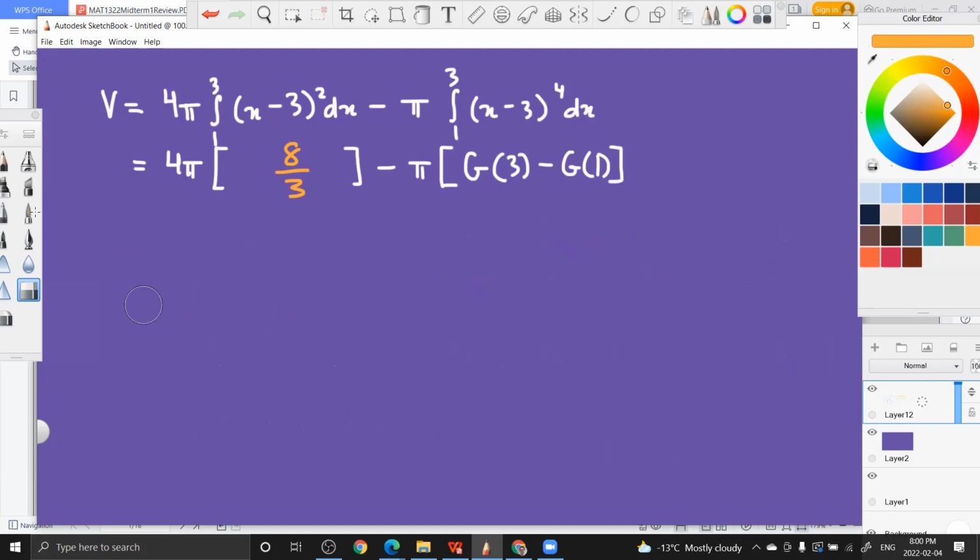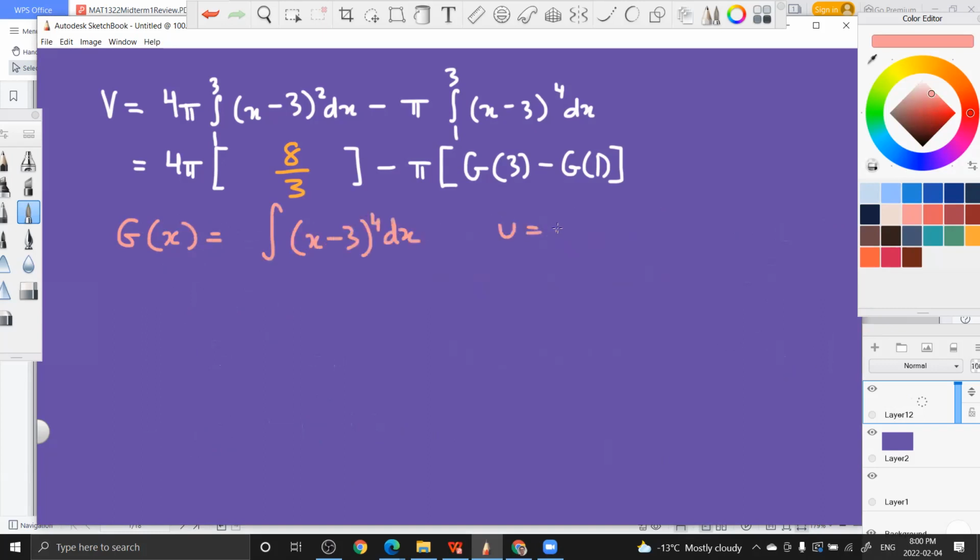Now let's find G(3) minus G(1). I'll use a different color. So red, G(3). Oh, actually finding G(x) first. We have to find G(x) first. That's the integral of (x minus 3) to the power of 4 dx.